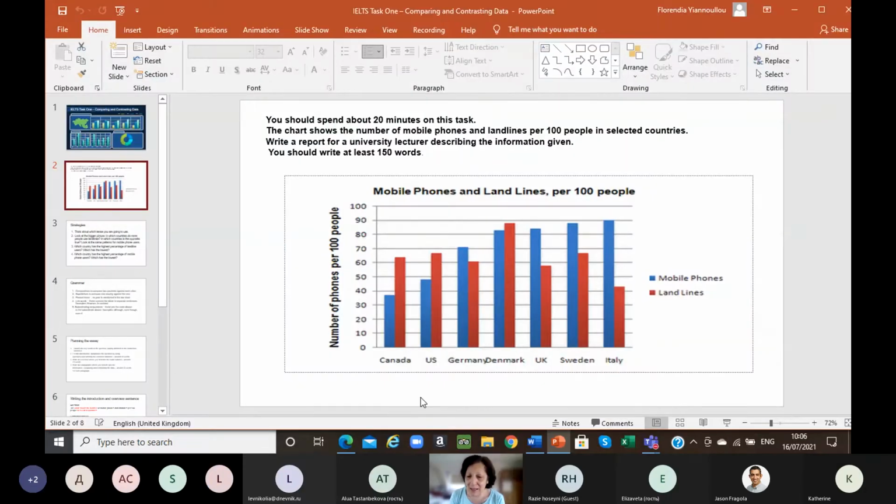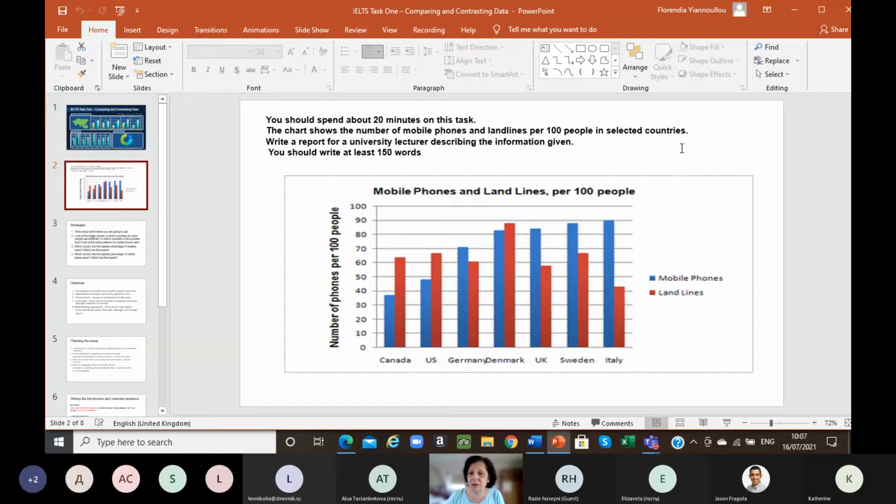If you look at this, this is a sample essay. You may have a graph, you may have a pie chart, you may have a bar chart. This is a bar chart. Again, it says you should spend 20 minutes on this task. The chart shows the number of mobile phones and landlines per 100 people in selected countries. You will often get a bar chart where you are comparing and contrasting data in 5 countries.